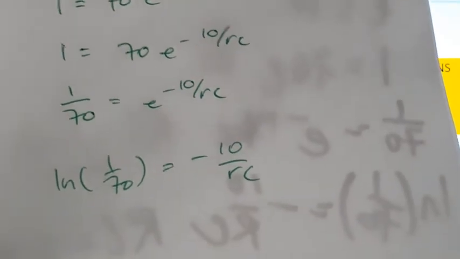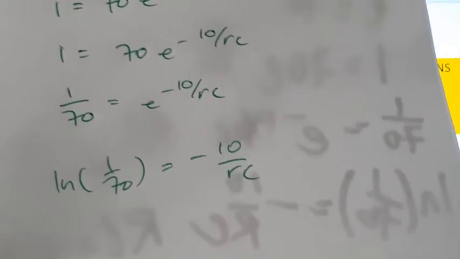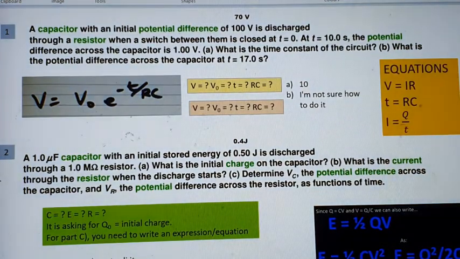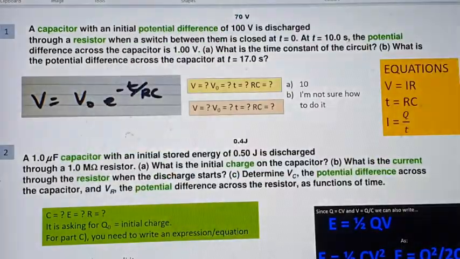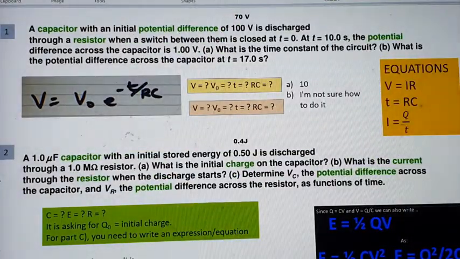If you ln an exponential, it's just the power itself. Now on the calculator, you do ln 1 divided by 70, and you get minus 4.248. So I'm going to write that down as minus 4.25.